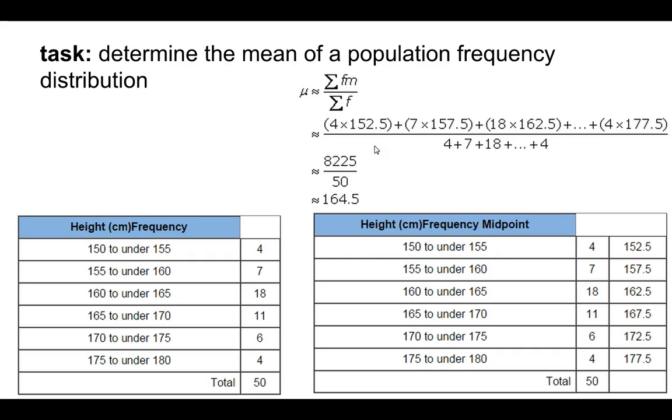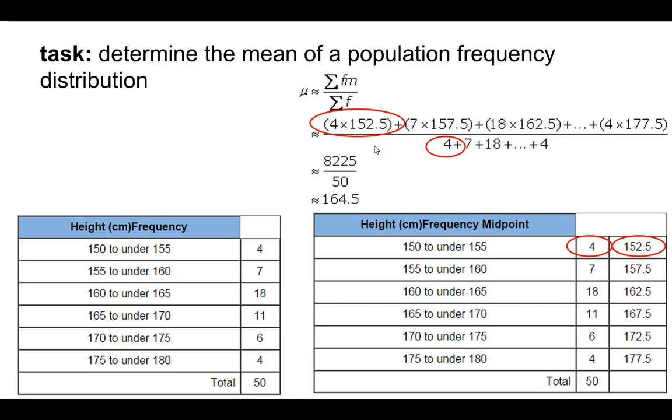So just like before, we take the individual values. We've got 4 times 152.5 on top. Let's take a look at where they come from. We've got 4 individuals, and we're assuming that each of those individuals is 152.5 centimeters tall. And you do that for each of those pairs on the numerator, and then the denominator, like we did before, is the sum of the frequencies.